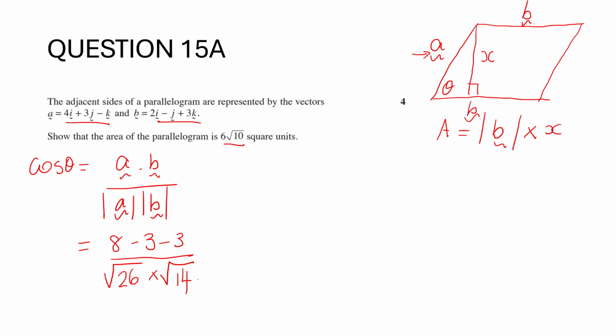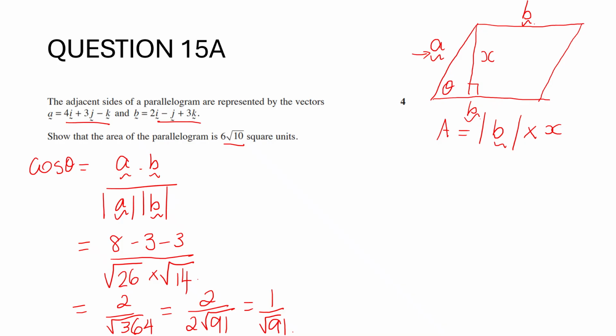And so that is 2 over the square root of, what's 26 times 14? 364. Now I can reduce that down, and I think it's a good idea to do it. I can bring the 2 out. Root, so 364 divided by 4 is 91. Which will give us 1 on root 91.